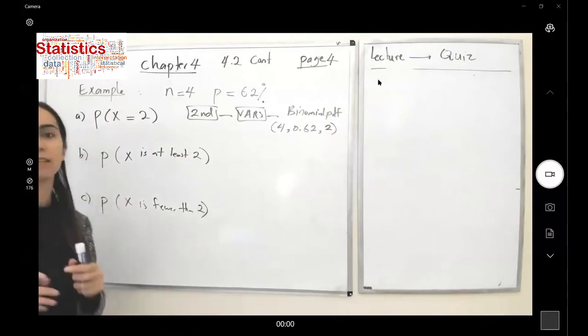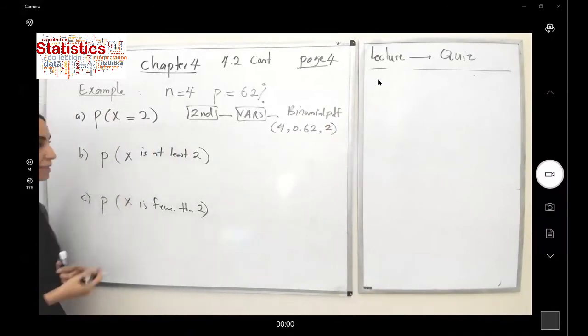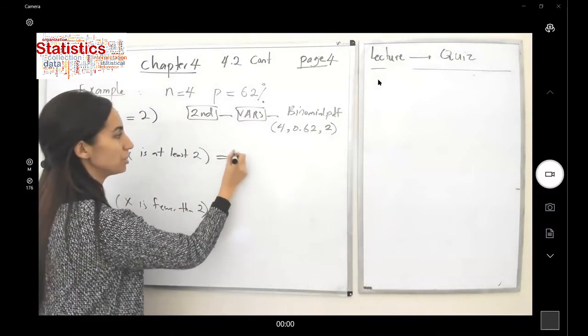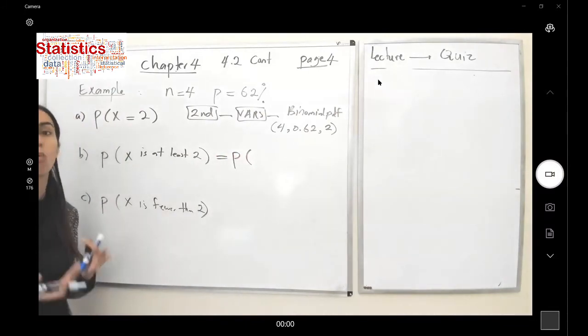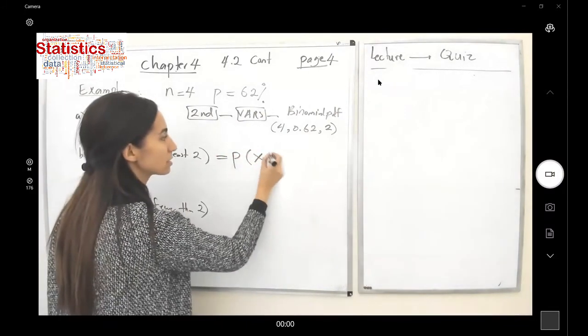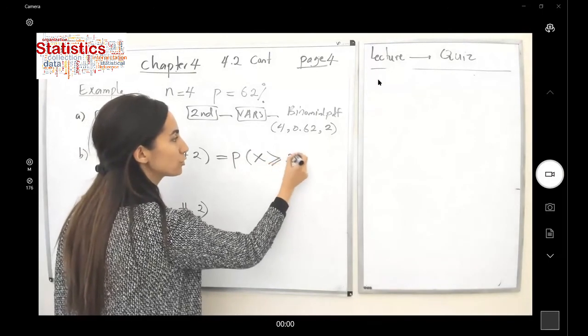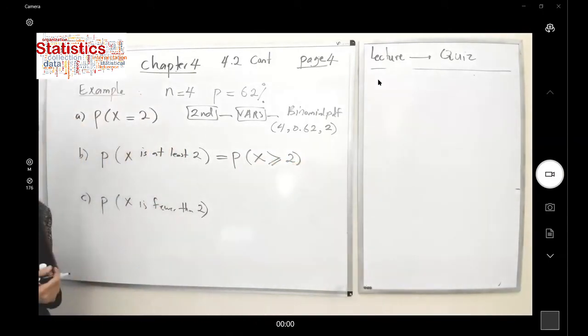X is at least 2. What's the meaning of at least? This is P of X greater than or equal to 2. At least.